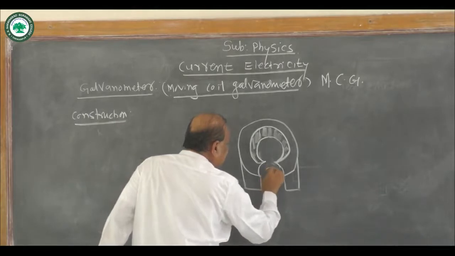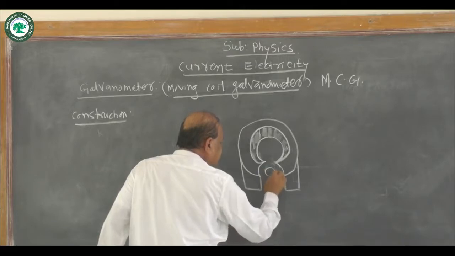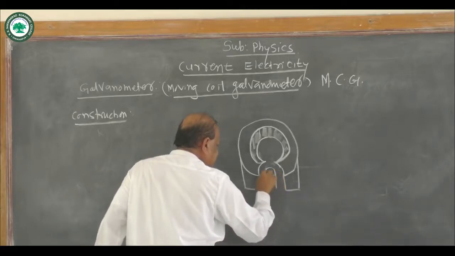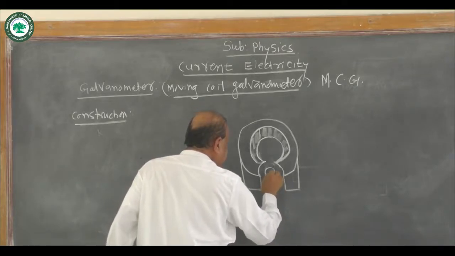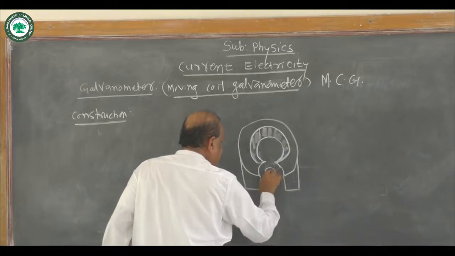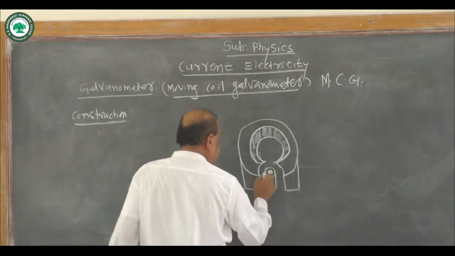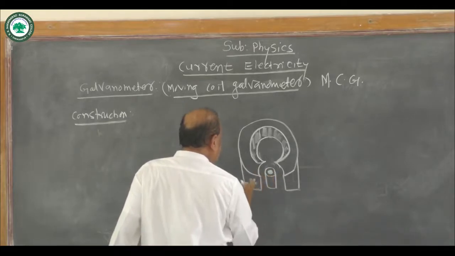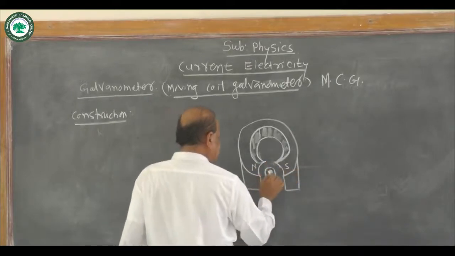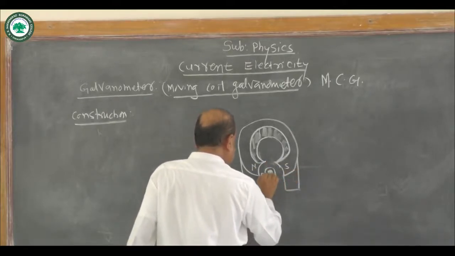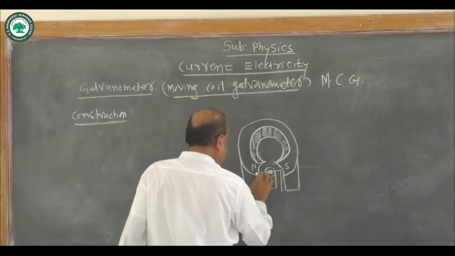Now here, iron core. Spiral spring is there, iron core is here. This is the N S horseshoe magnet, and here is the rectangular coil.